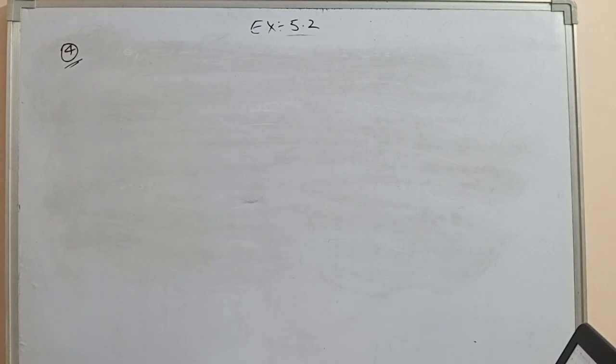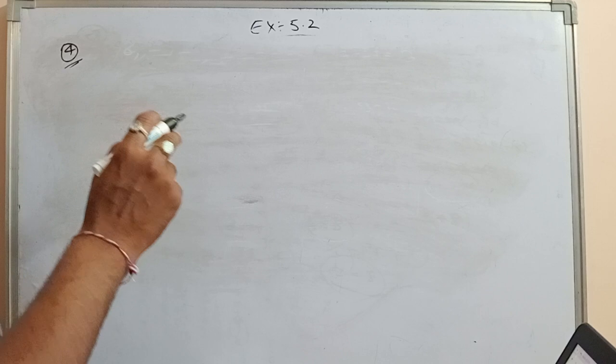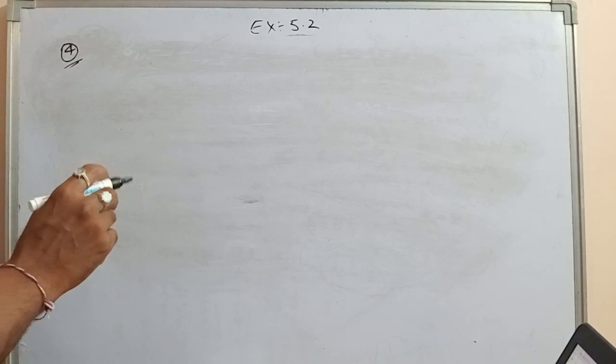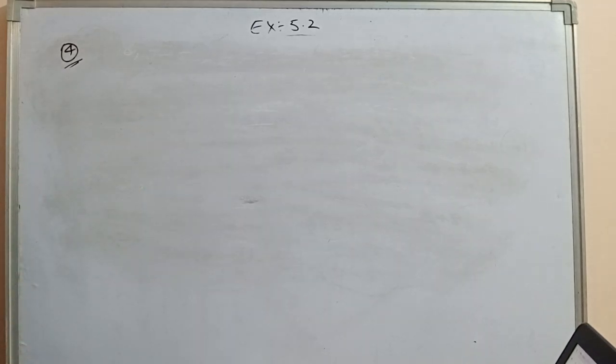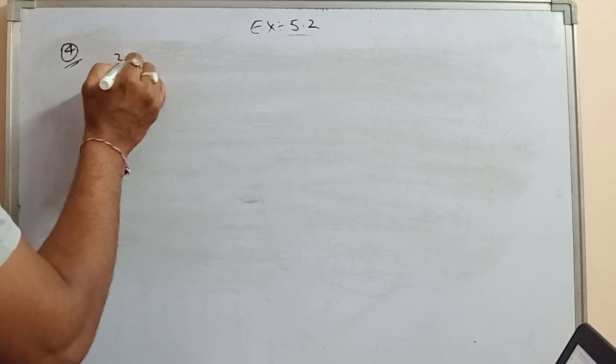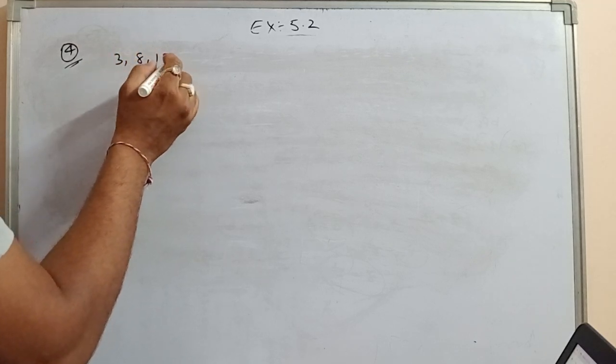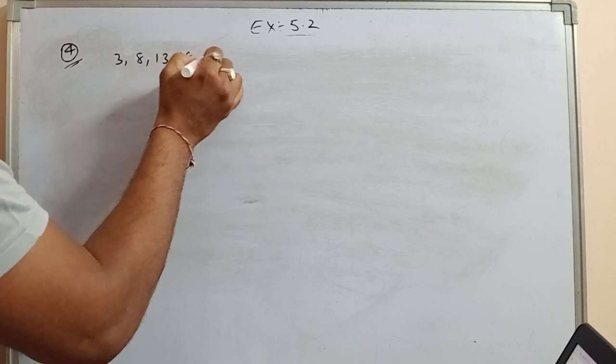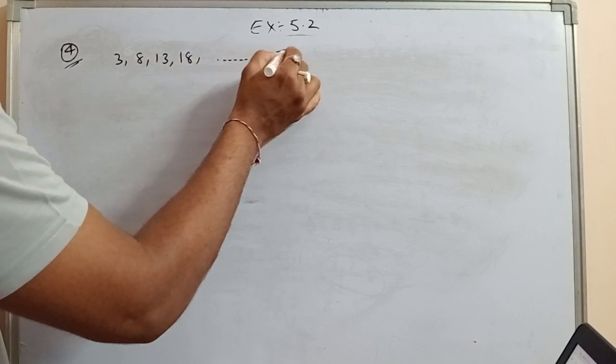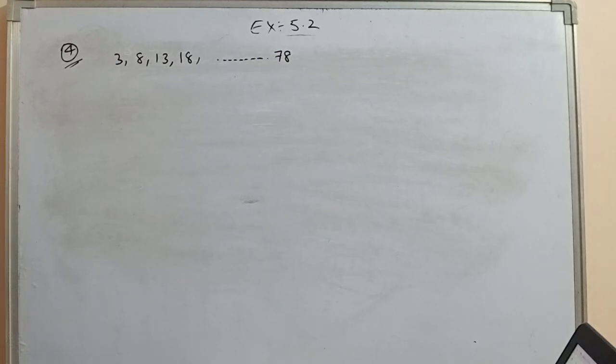Next, the fourth one. Here in the fourth one, the AP 3, 8, 13, 18, and so on, up to 78. So 78 is the nth term, the last term.